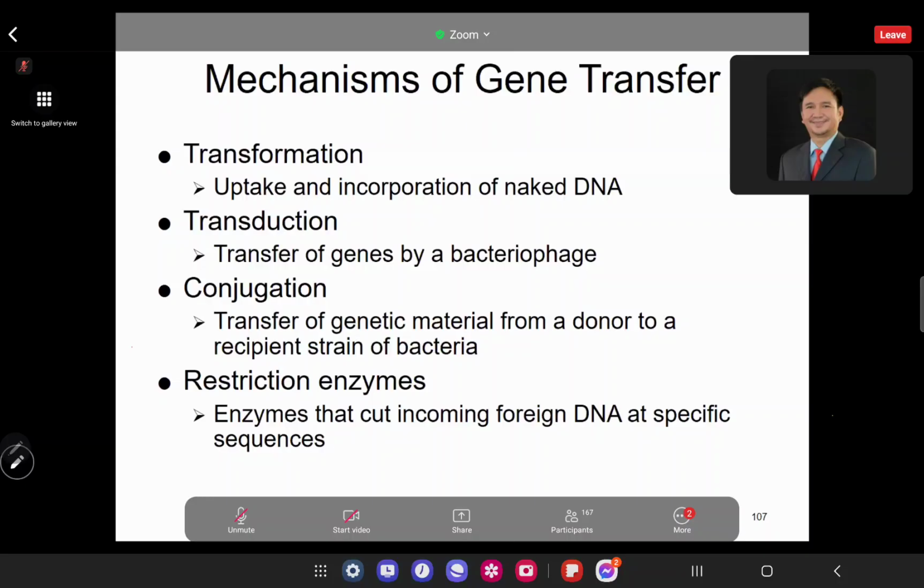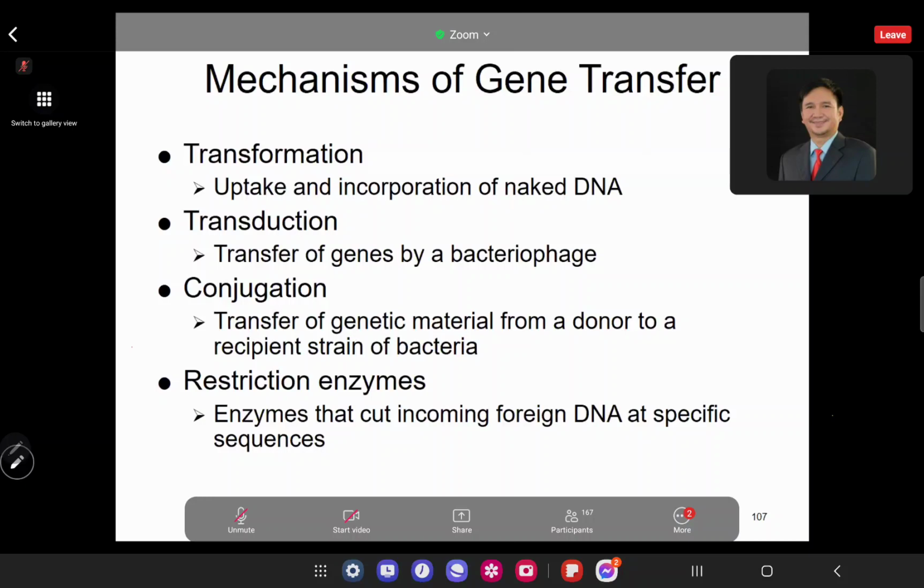While transduction, it is the transfer of genetic material mediated by a bacteriophage. A bacteriophage is a virus that infects bacteria. So the virus carries the gene and it could transfer into the infected bacteria.